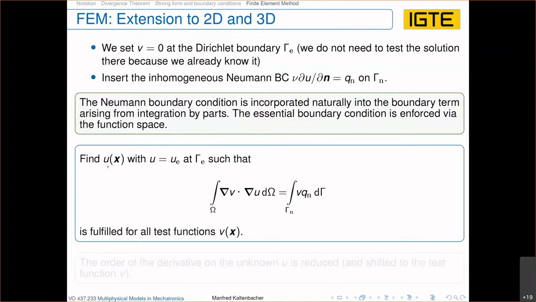So the weak formulation is now as follows. We search for the unknown u. We already know the unknown u on a part of the boundary, which is the essential boundary, and it has to fulfill this equation here, where we have the gradient of the test function dot product with the gradient of the unknown u integrated over the computational domain, and that is equal to a right-hand side, and the right-hand side in this sense is a computation along the natural boundary where we multiply the test function with the prescribed flux on this boundary.